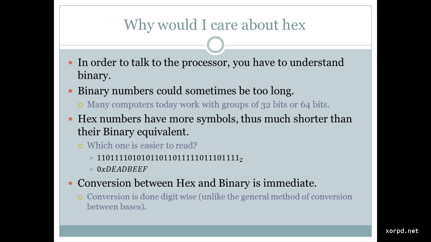Binary numbers could sometimes be too long. This is important. Binary numbers are very comfortable to work with, mostly because they have only two symbols, 0 and 1. It's so simple. However, sometimes they become too long, mostly because they have so few symbols. Many computers today work with groups of 32 bits or even 64 bits.